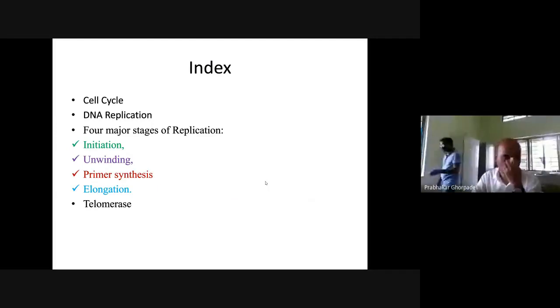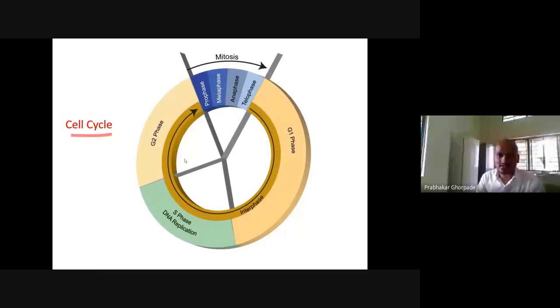So in this index, we are going to see the cell cycle, DNA replication, and the four major stages of replication: initiation, unwinding, primer synthesis, and elongation. Then we will talk about chromosomal shortening and telomerase. In yesterday's lecture, we saw the cell cycle.